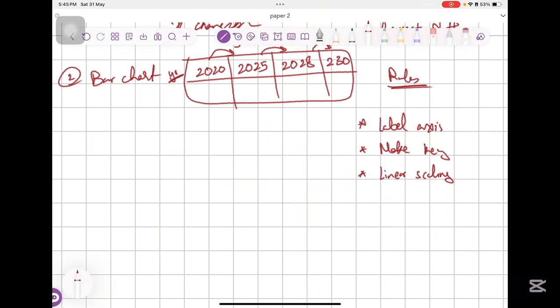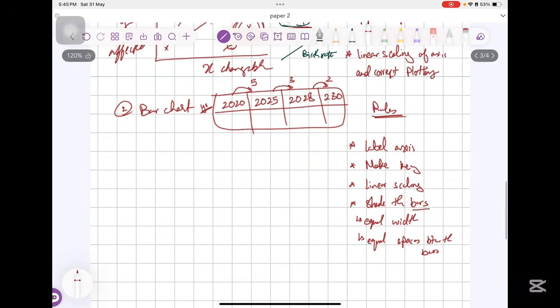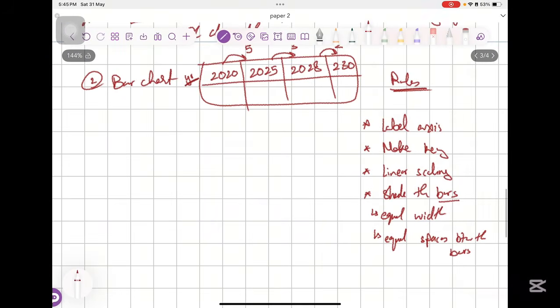After we make the key and the linear scaling, you're going to shade the bar. The bars should be equal width and equal spaces between the bars. Like how? This is your x-axis and y-axis.